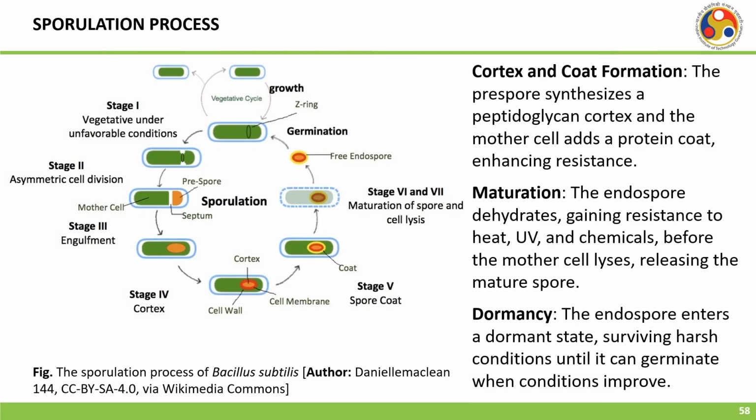Then it enters the dormancy stage, and this can last for centuries, as already mentioned. The endospore survives harsh conditions until it can germinate when favorable conditions return. So, the endospore will exist in free form between the dormancy and germination stages.